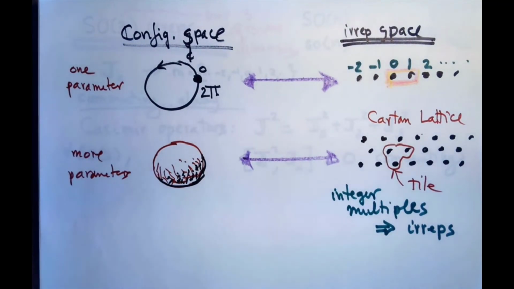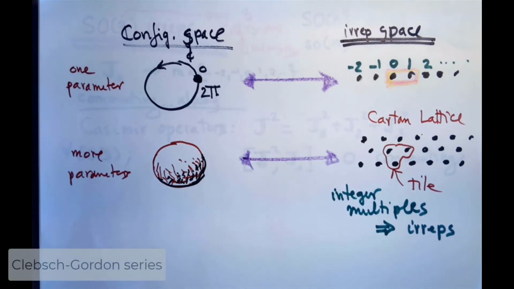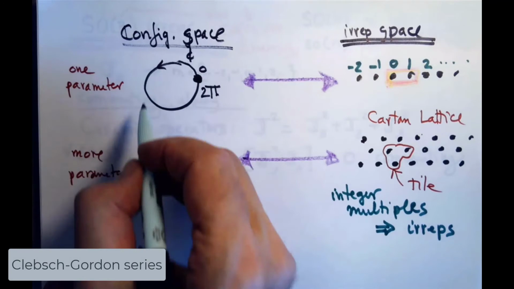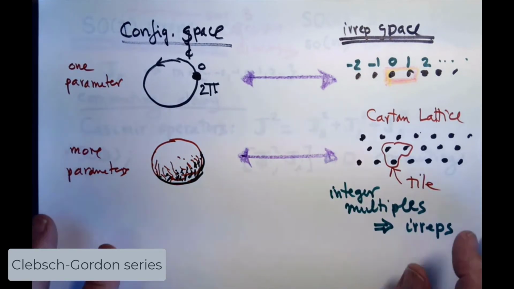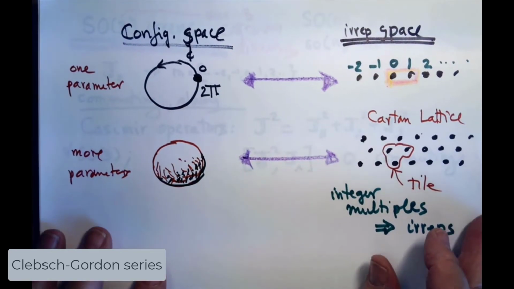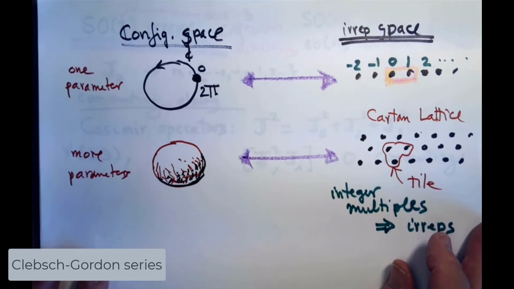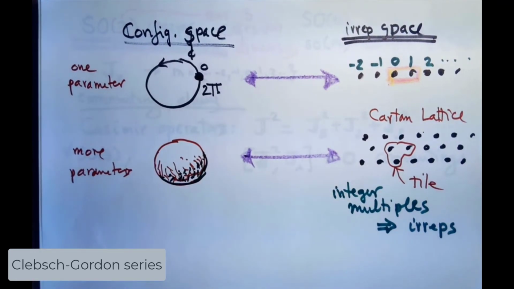I asked you to find Clebsch coordinate series when you take 2 irreducible representations of rotation in 2 dimensions, and find that any direct product of representations is reducible in general, even if the bits themselves are irreducible.